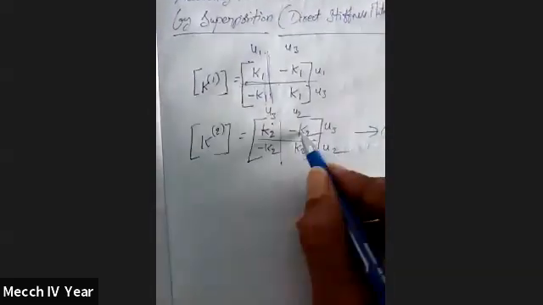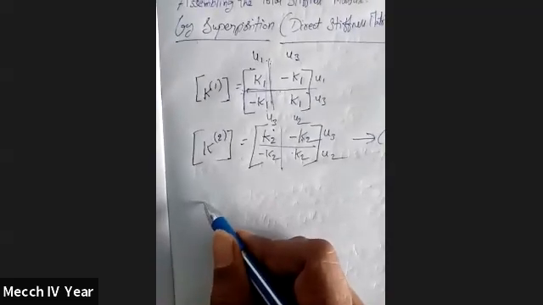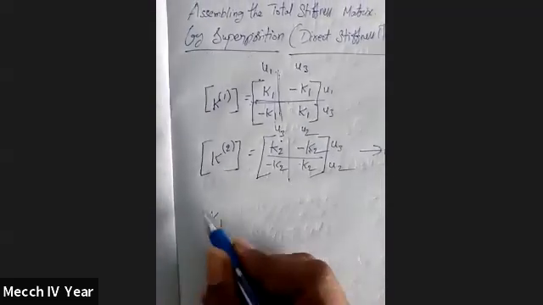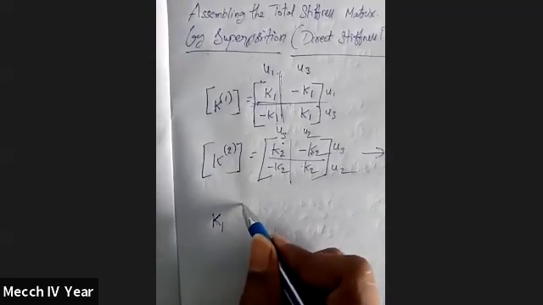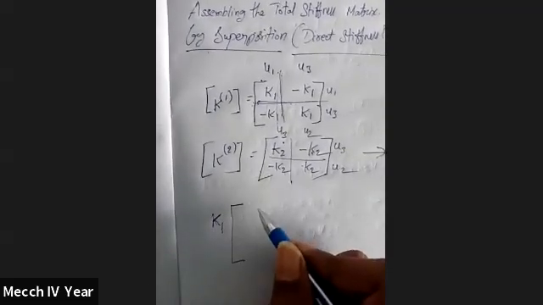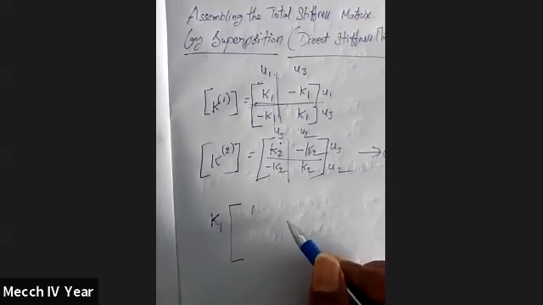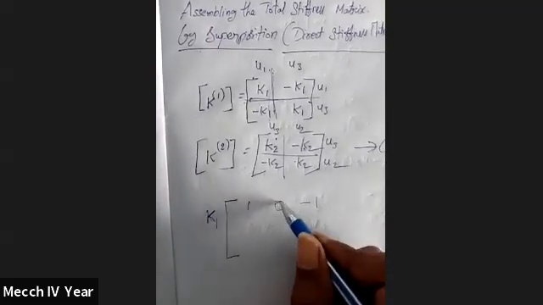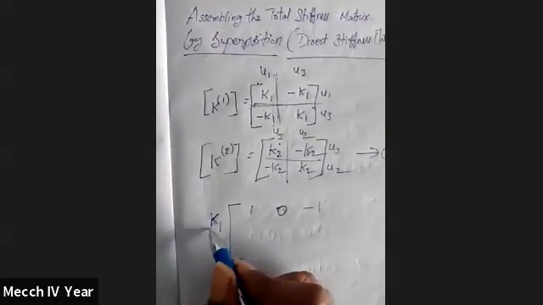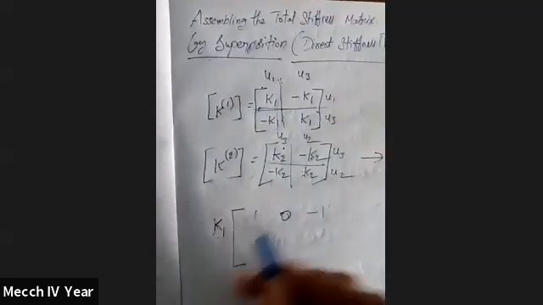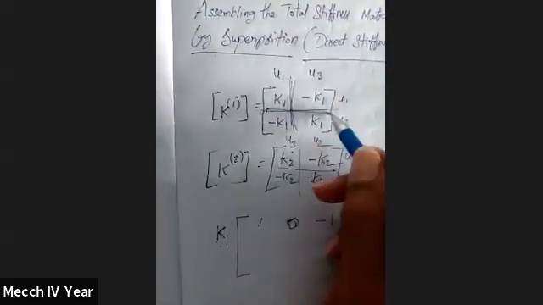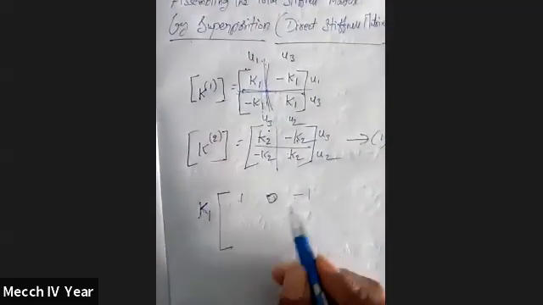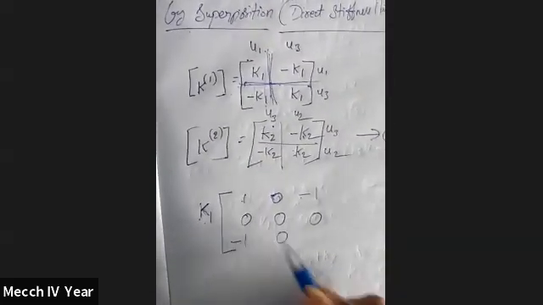Then I can write this equation: K1 times the matrix 1, 0, minus 1. I take the K1 outside. Then here 1, and in between I put zeros for columns and rows. Then 0, 0, 0, minus 1, 0, 1.